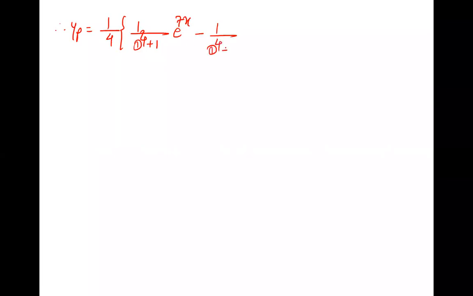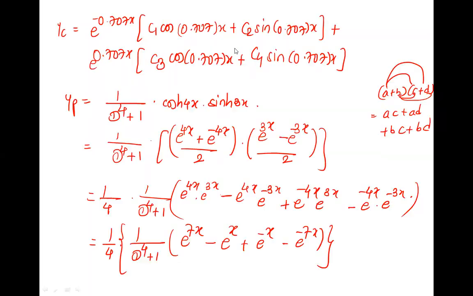Therefore, yp is equal to 1 by 4 is already out: 1 upon d raised to 4 plus 1. What is the first term? e raised to 7x. Can you just tell me the signs: minus 1 upon d raised to 4 plus 1, minus or plus?